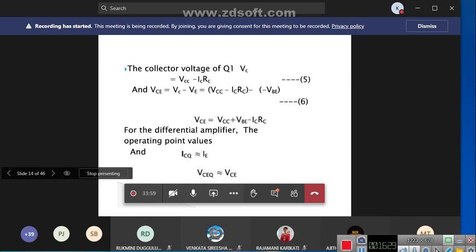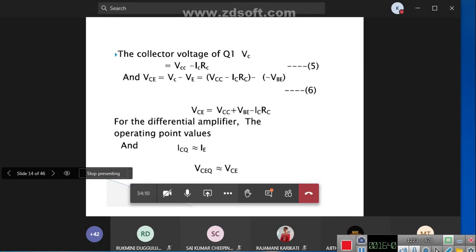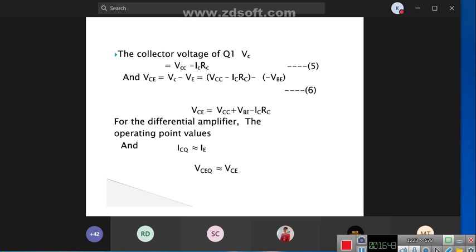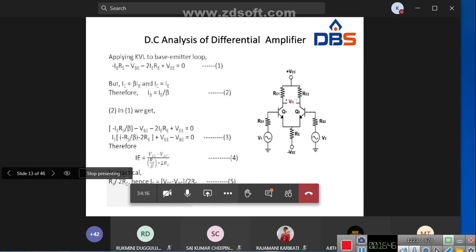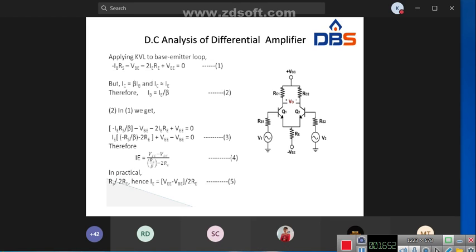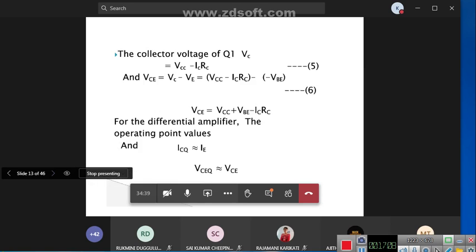That is the collector voltage, VC equal to VCC minus ICRC. But we require VCE, which means the voltage between collector and emitter, right? So VCE equal to VC minus VE, collector voltage minus emitter voltage.